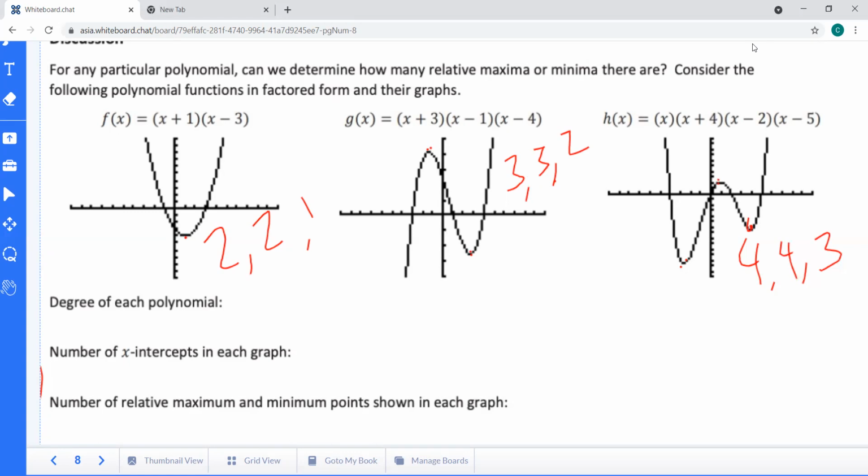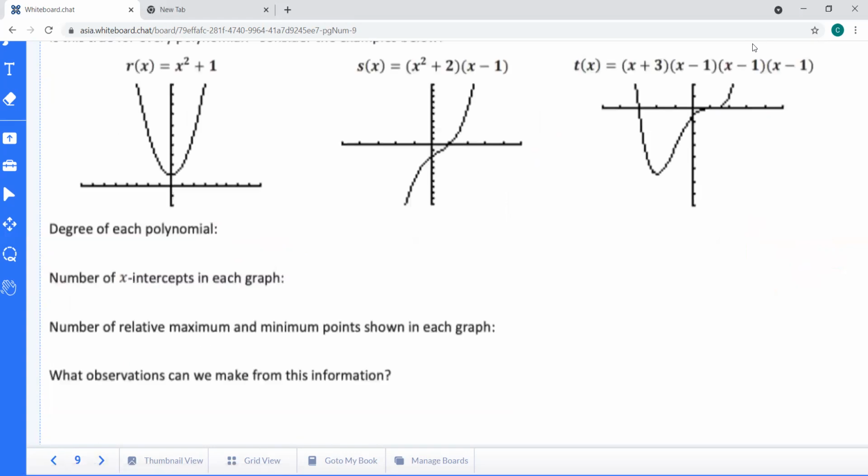Okay, let's look at it again. I think there are 3 more of them. Here we have a polynomial of degree 2. How many x-intercepts are there? None. And so this would be 1 relative minimum. So we always have to look at our degrees and not our x-intercepts.